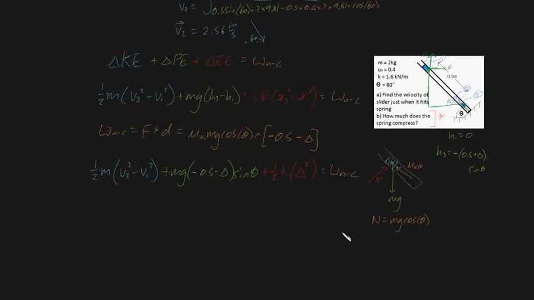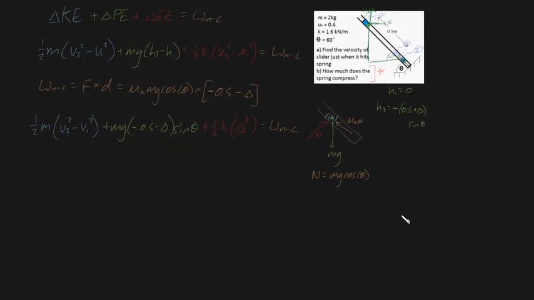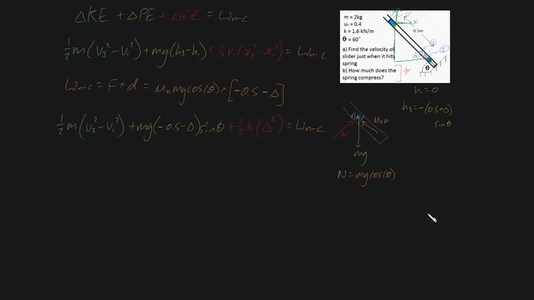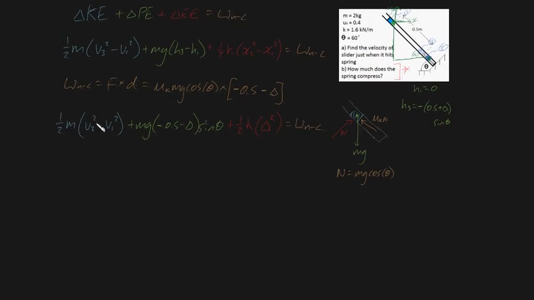And now let's zoom out and plug everything together. We're almost done, actually. So let's plug everything together, and this is what we're left with. Notice that V3 is going to be equal to 0, because the block is at the point where the spring is at maximum compression, which is where the block stops for an instant. So V3 is 0, V1 is 0 because the block is released from rest.